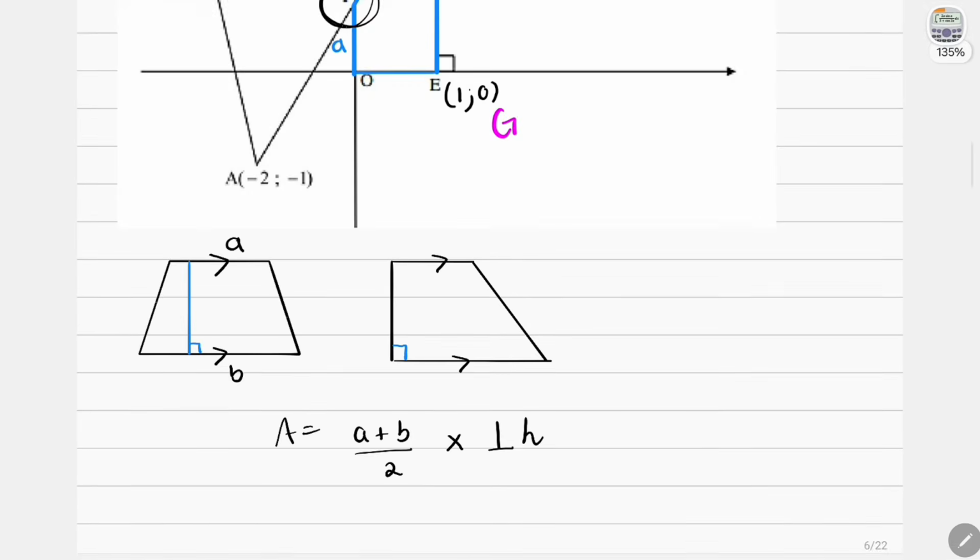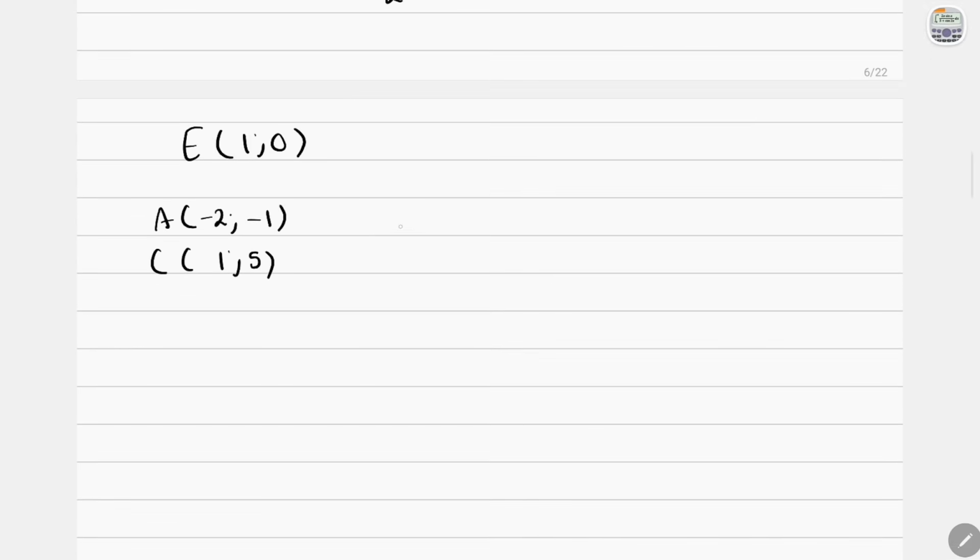Okay, and let's find the gradient. So we can find the gradient of this line. The gradient of AC is equal to y2 minus y1. So -1 minus 5, and just be consistent. If you say top minus bottom, also continue with top minus bottom. So over -2 minus 1. So that's going to be -6 over -3. When they divide, they become +2.